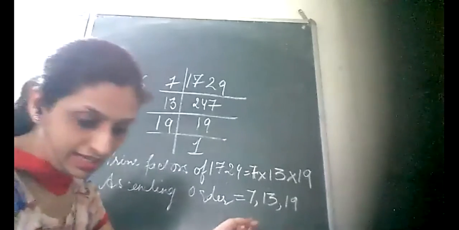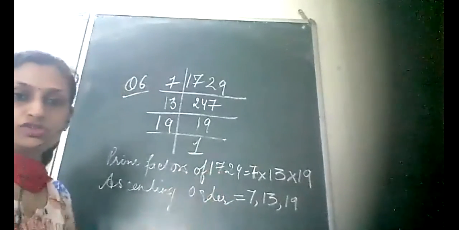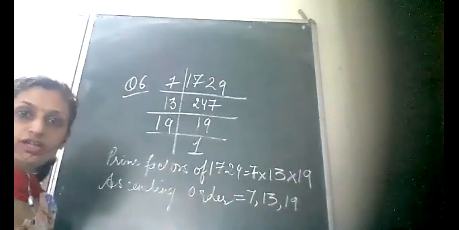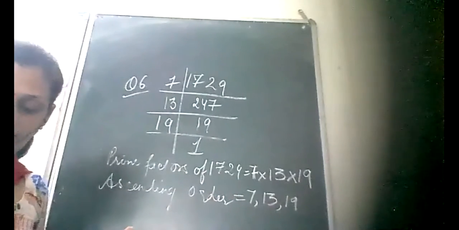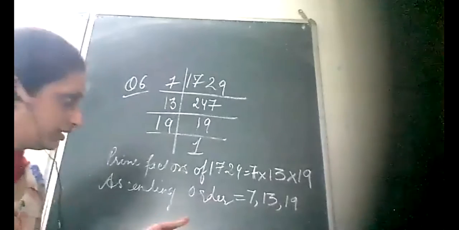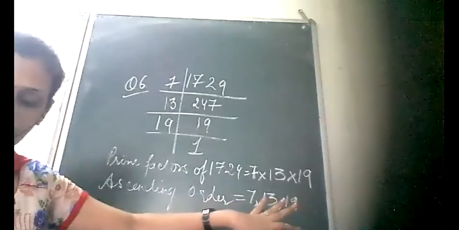Now further it has been asked in this question, state the relation if any between two consecutive prime factors. We have to find out the relation between two consecutive prime factors here. So there are prime factors like 19, 13, and 7. These all are prime numbers.